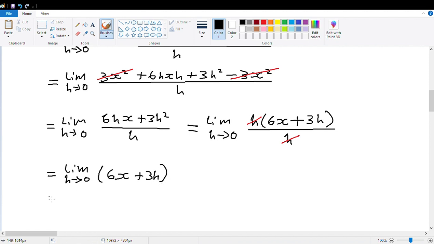From here we simply substitute 0 for h. Therefore we'll have 6x plus 3 times 0. Therefore the result is equal to 6x.